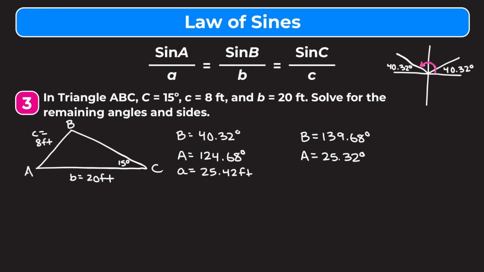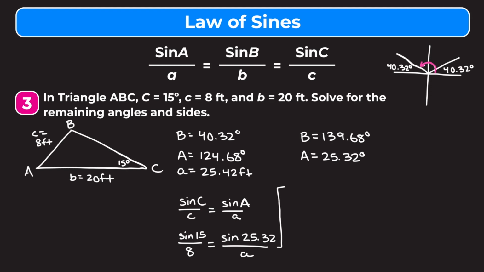Down here on the left, we're going to set up a proportion. The sine of angle C over side C equals the sine of angle A over side A. We know angle C is 15 degrees, side C is 8 feet. This is equal to the sine of angle A, which is 25.32 degrees, over side A. Over here, we cross multiply. We get A times the sine of 15 equals 8 times the sine of 25.32.